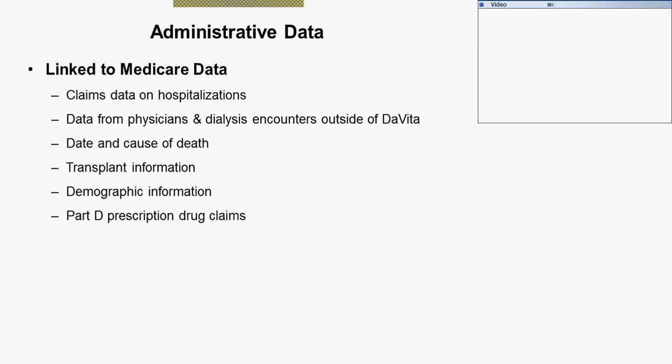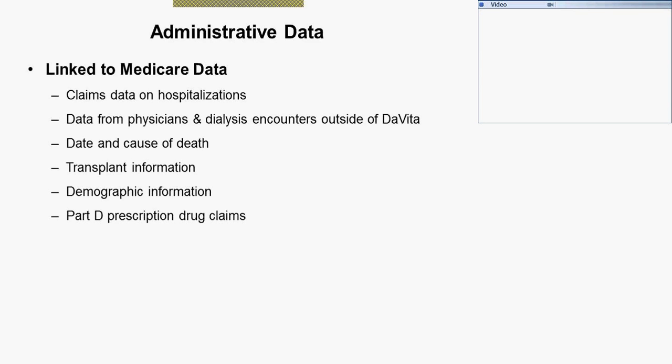That information does get entered back into the DaVita system, just like I think it would in the EMR system we heard about earlier, but that's done manually, so it's probably somewhat less reliable. The CMS bills for hospitalization are probably a more reliable measure of being in the hospital. We get the prescription drug claims, Part D claims, from the CMS data. We get cause of death, date of death, and date of transplant when they receive a kidney transplant. There's a lot of data collected as well on the medical evidence form.